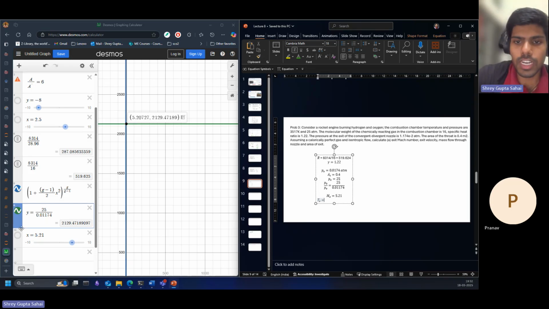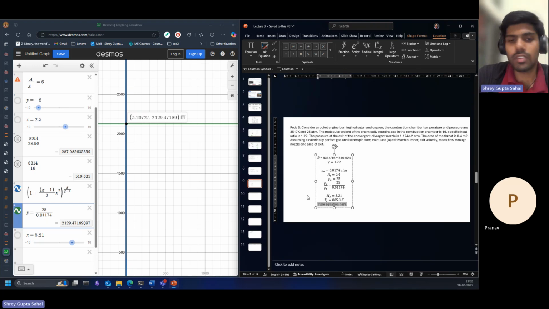Exit temperature comes out to be 885.3 Kelvin. Then, as you said, you can use this to find the speed of sound. That will be 749.1 meter per second. And then you multiply it by 5 times.